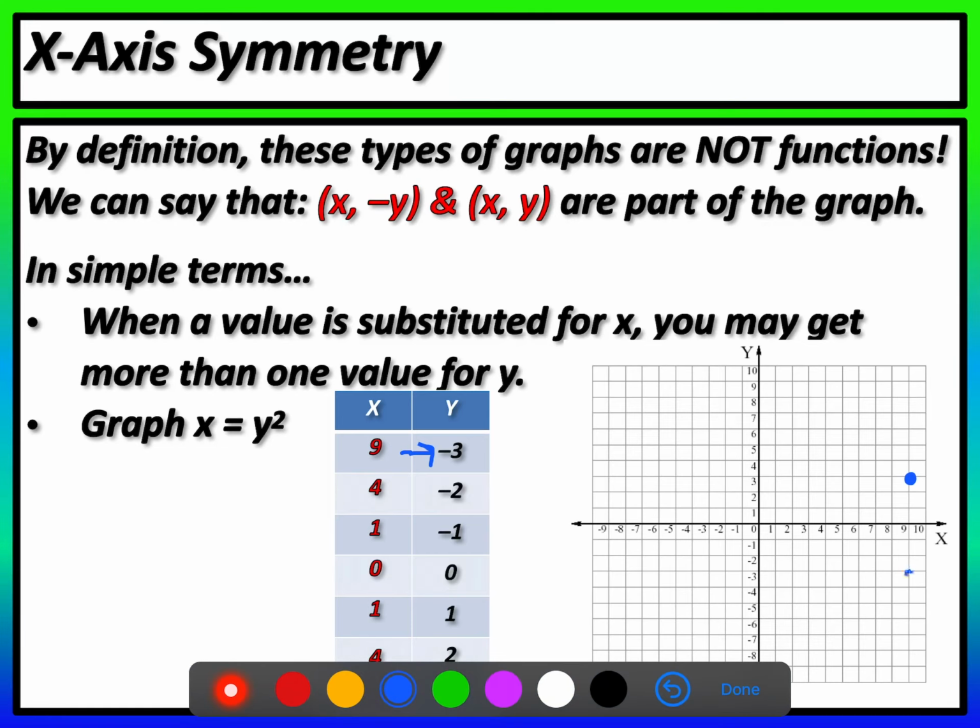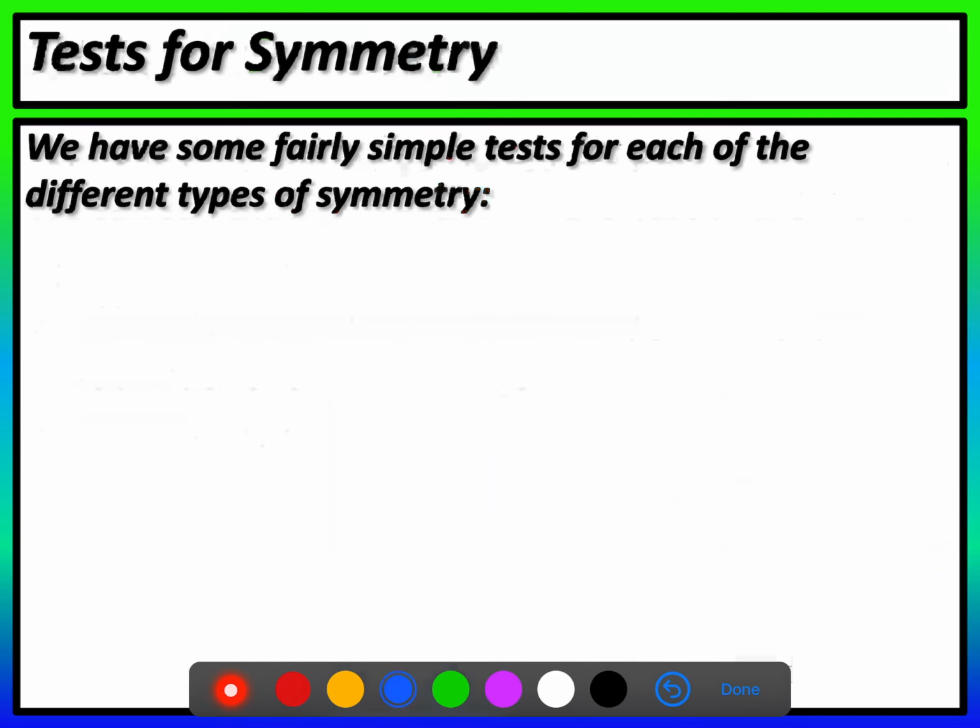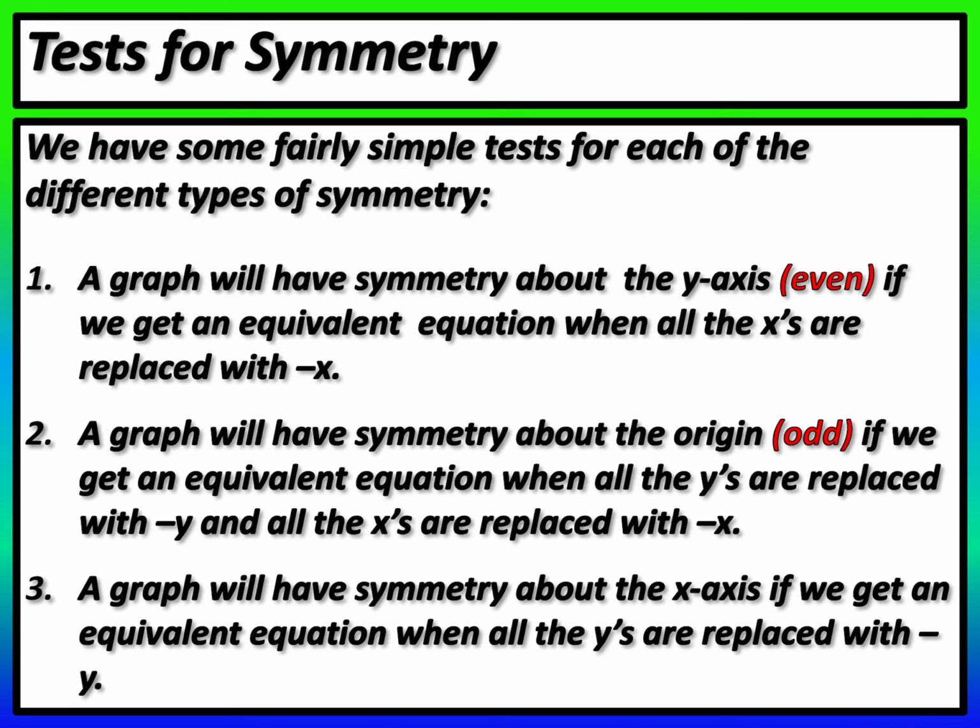So not functions. But folding this along our x-axis here, you can see that those pieces would fall on top of each other. All right, so we're going to use these characteristics of the graph to prove this algebraically.